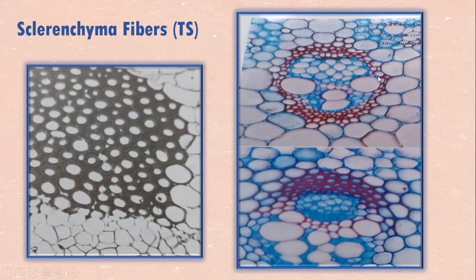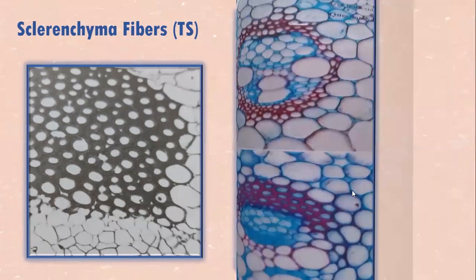Here, we don't see any pit easily, but let's come here. This is also sclerenchyma. This one is part of a pit here. Here, part of a pit here. And this is all sclerenchyma, very thick walls, right?